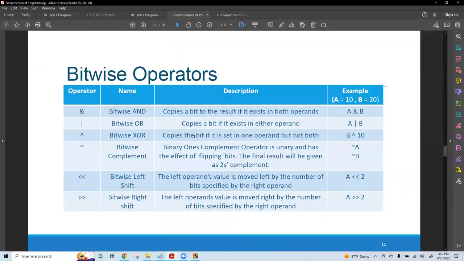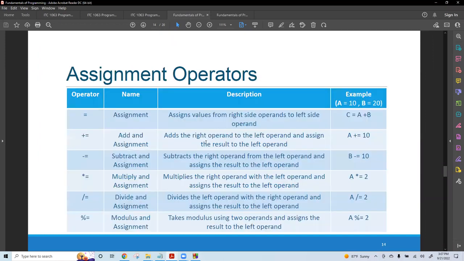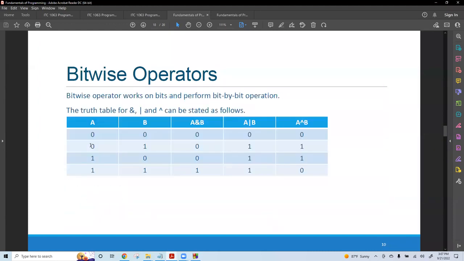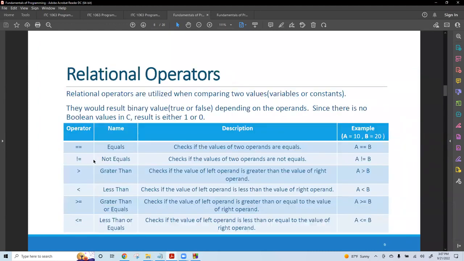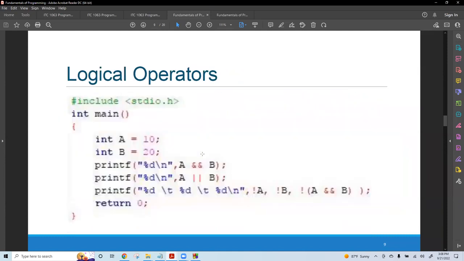So those are bitwise operators. And then we have assignment, usually the simple assignment operator. We can assign a value to a variable. Remember again, just one equal sign is assignment, but the logical relational operator equal is two equal signs.